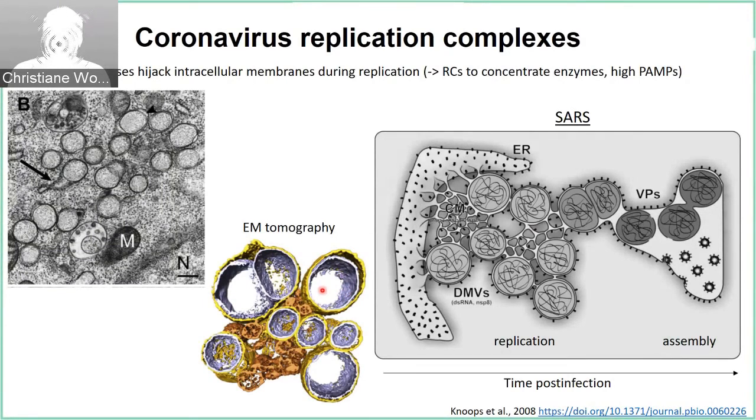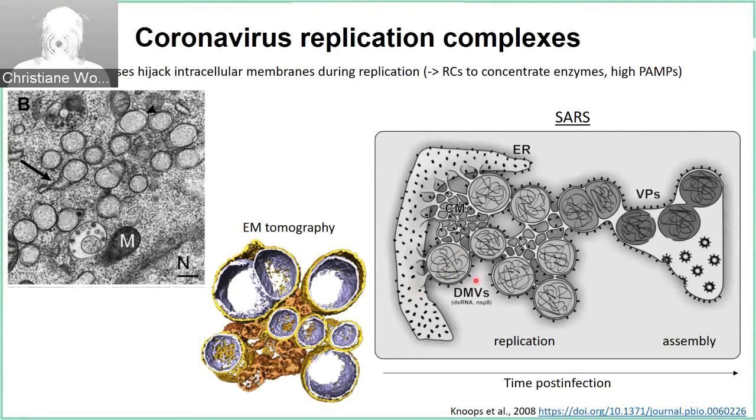and that's when new genomes are being replicated. One thought on why these viruses need to rearrange membranes so dramatically is that it helps them concentrate the enzymes and substrates in a defined location, but also it hides away the double-stranded RNA, which I'm sure you're aware is a very strong molecular pattern that is recognized by cells as a danger signal.